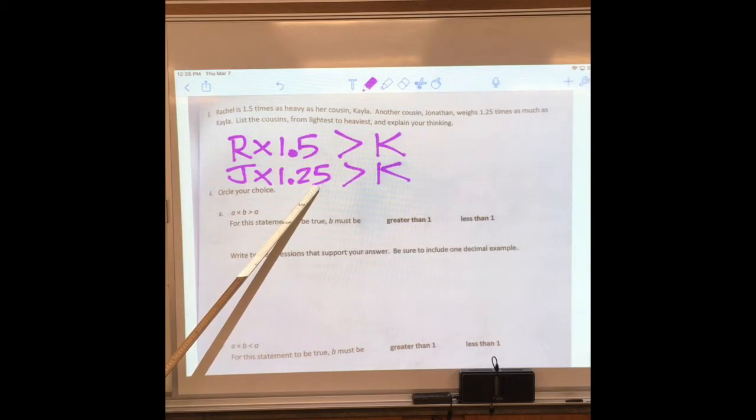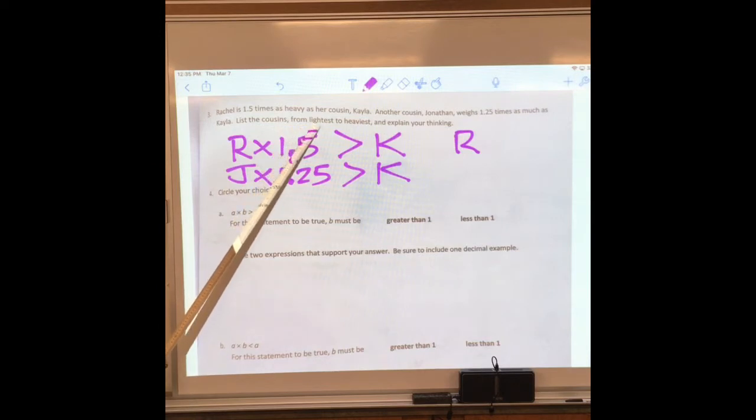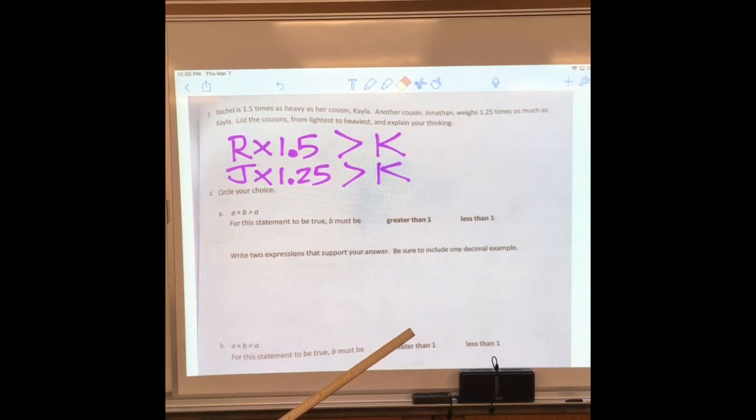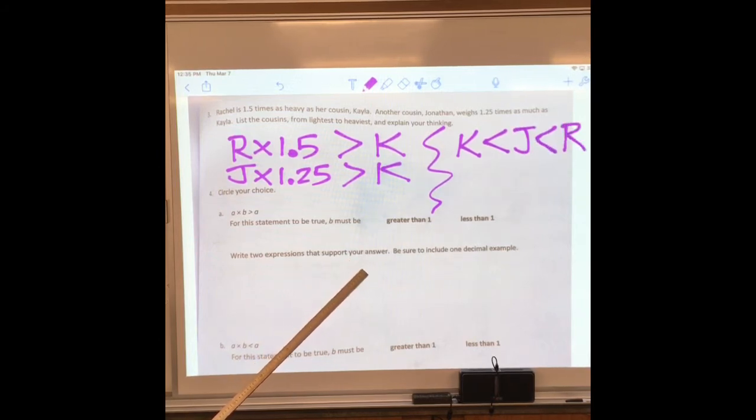So my question is, who's heavier than who? Because that's what they're asking us to do. List the cousins from lightest to heaviest. Oh, lightest to heaviest. So who's the lightest one of them all? That's right, K is less than. Which one weighs more? Do you think R weighs more or J weighs more than R? Which one? Yes, that's right. 1.25 is smaller than 1.5, huh? So J would be here and weighs less than R.